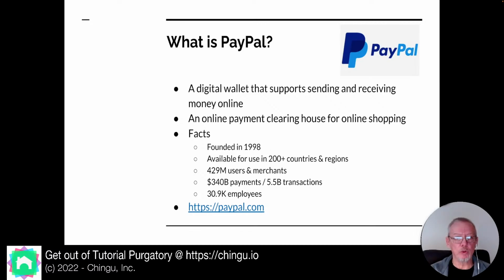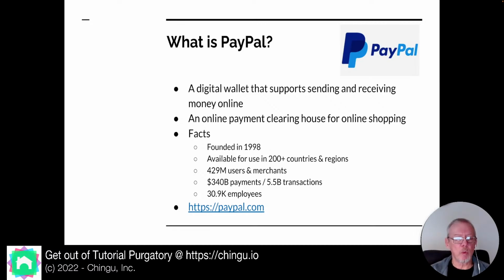Now, some facts about PayPal: it's actually a fairly large organization. They've been around since 1998, so it's essentially 22 years they've been in business. They are available for use in 200 plus countries and regions around the globe. However, as I said earlier, they're really more popular in North America, although they are working hard at expanding their presence. Some metrics that give you an idea of their scale.